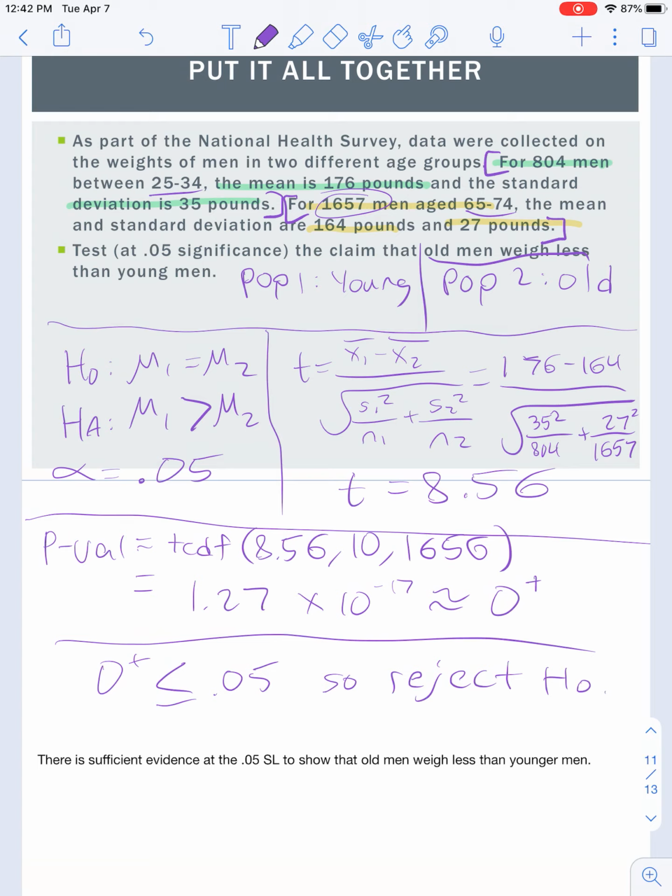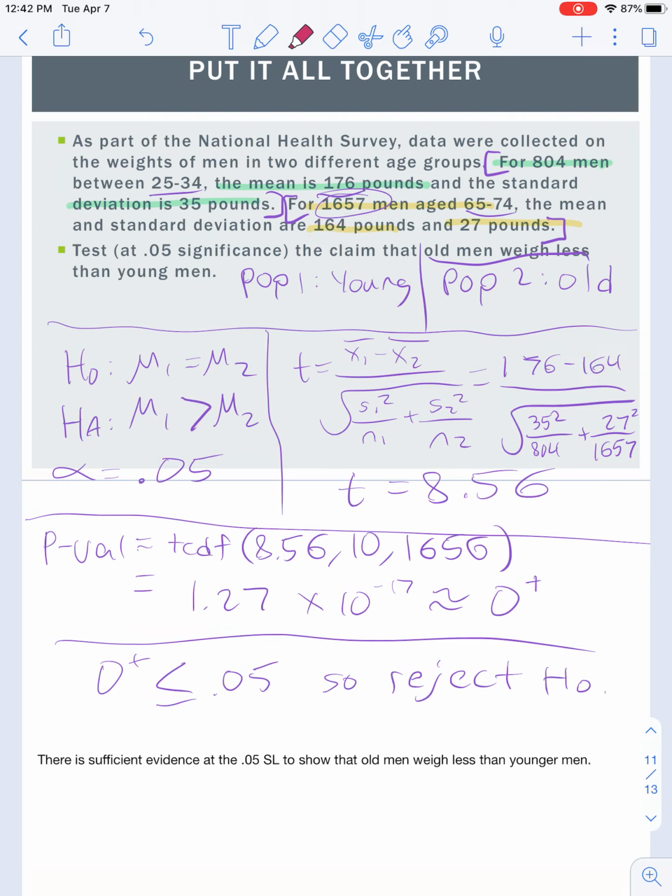So I wrote that. Here's that test statistic that was presented to you earlier. I plugged all of this information from up here into this test statistic. So you'll see the first mean, 176, went here. The second mean right here went right here.